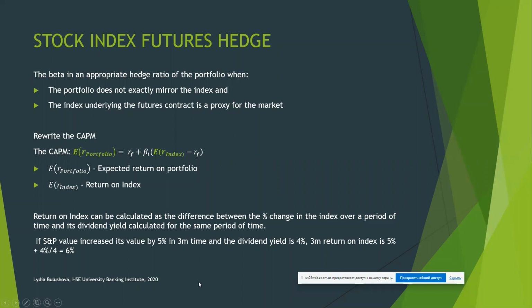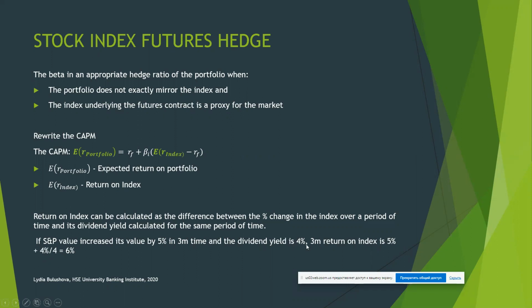So consider a very simple example. If the S&P value increases by 5% in 3 months' time, and the dividend yield is 4%, then the 3-month return on index is 5% plus the 3-month dividend yield.